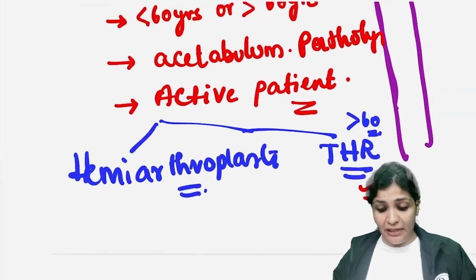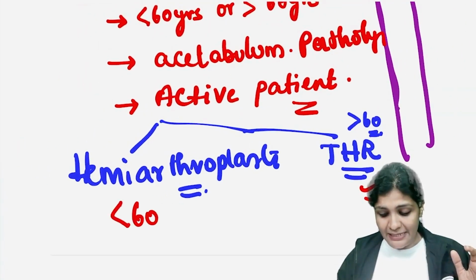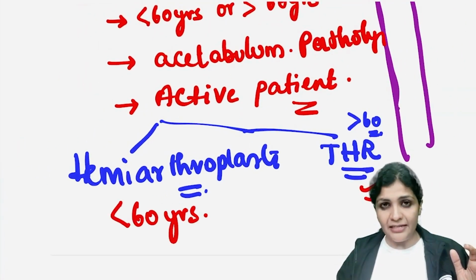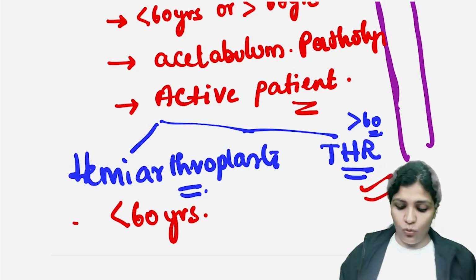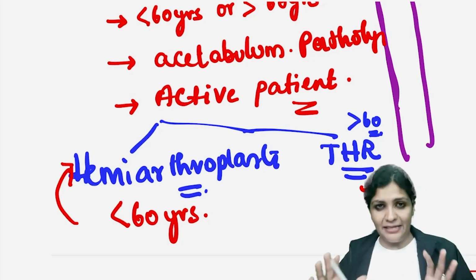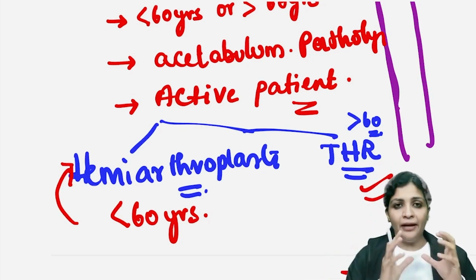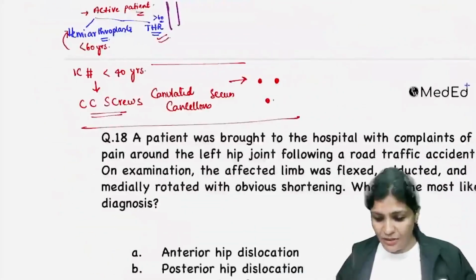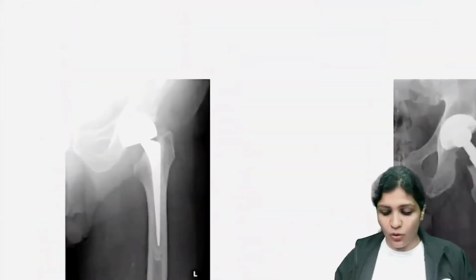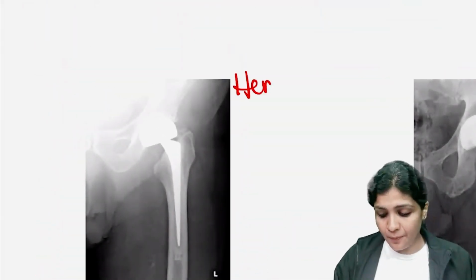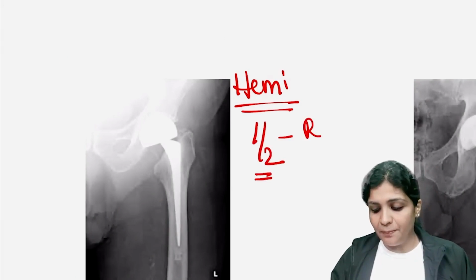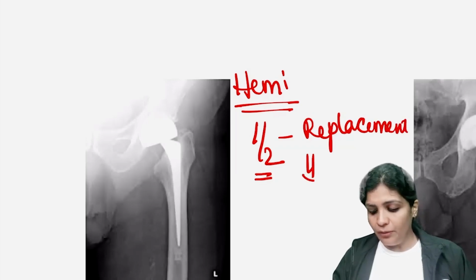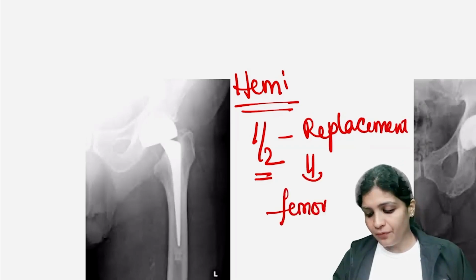Right? Now, if they tell the patient is less than 60 years, no problem with the acetabulum, then you go for hemiarthroplasty. So please remember, hemiarthroplasty is a surgery. This is a hemiarthroplasty. Here hemi means only half, that is half replacement. This half replacement is of your femoral head, right?